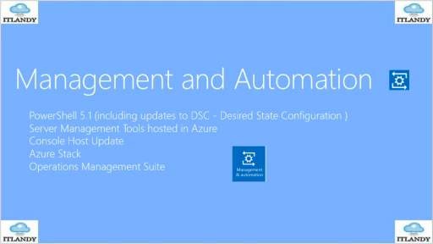With PowerShell 5.1, we will cover all the new improvements, and then we will cover the tools and automation around server management tools, and the one in particular will be the one hosted in Azure. Then new improvements around the console and a little bit around Azure Stack, and the last part will be around Operations Management Suite.